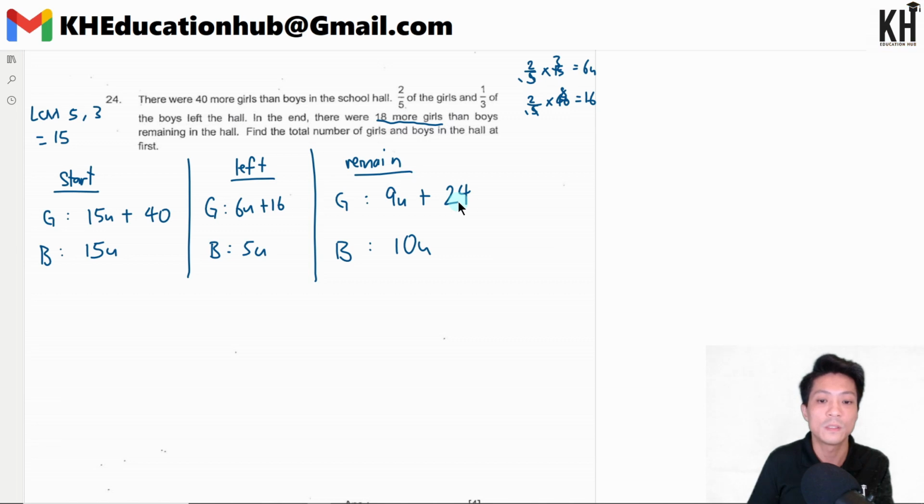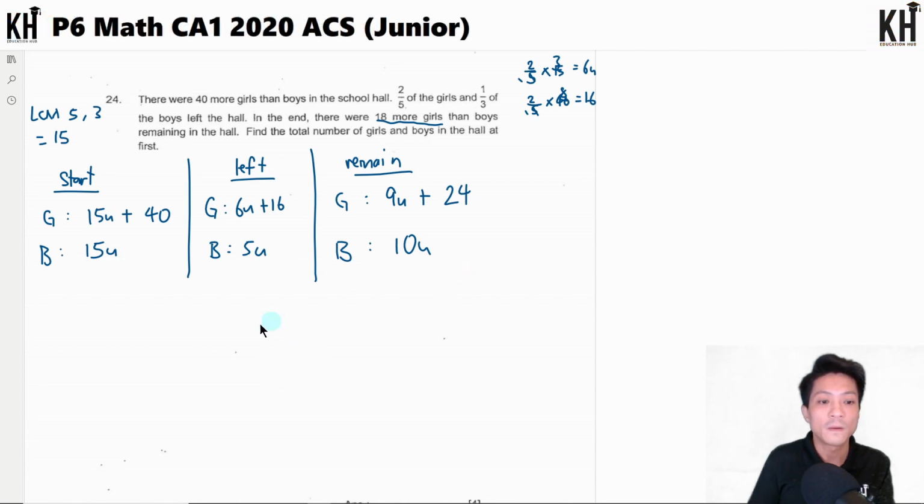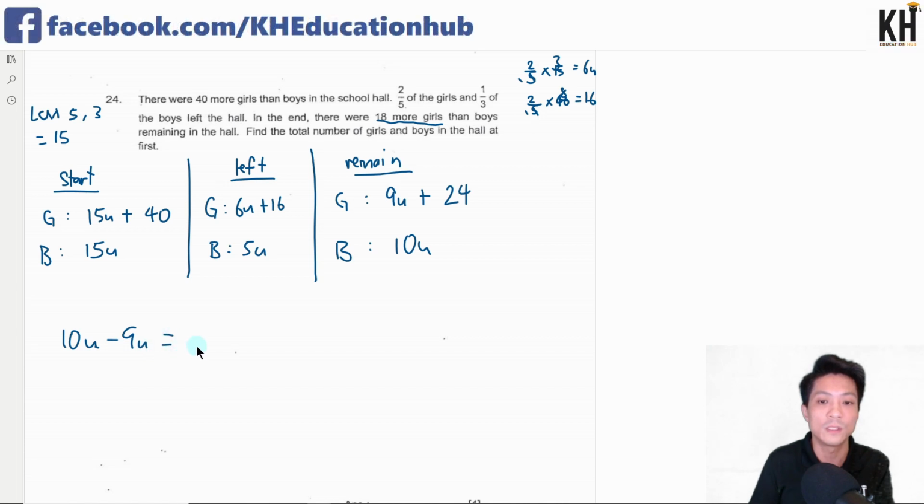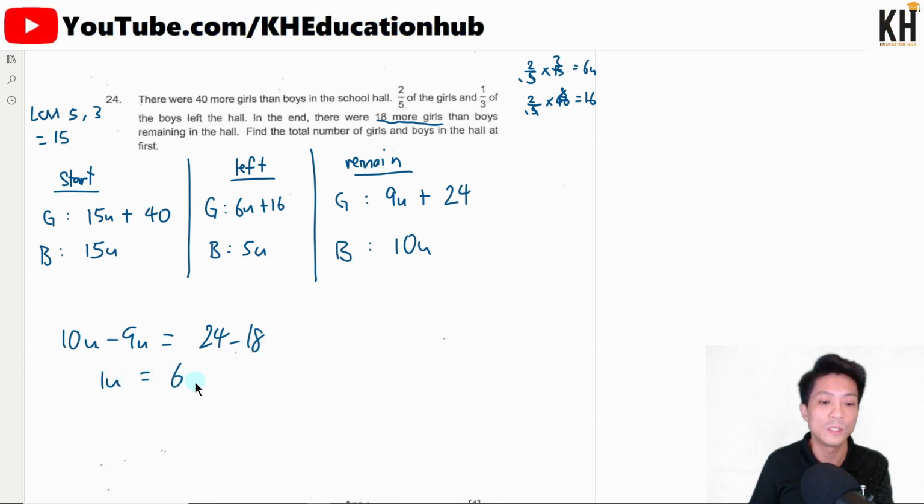Okay, so in this case, you need to realize that 10 units minus 9 units is equals to 24 minus 18. Okay, 1 unit is equals to 6.